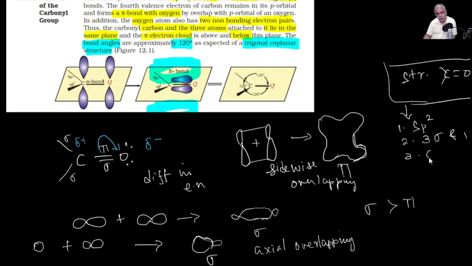This is a carbon atom and other three atoms. So C and the other three atoms form the coplanarity. Since it is sp2 hybridized, they have the bond angle, 120 degree, and this is trigonal coplanar.